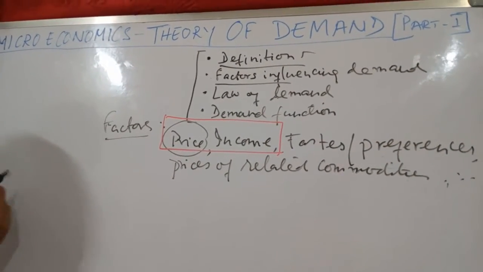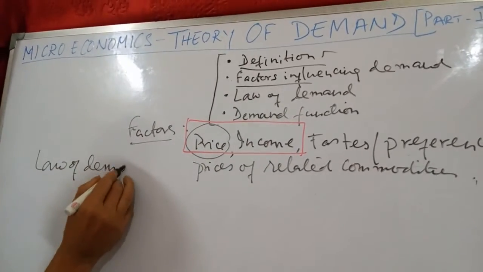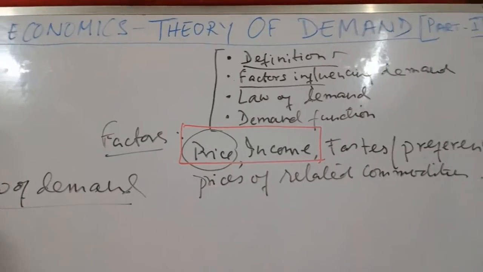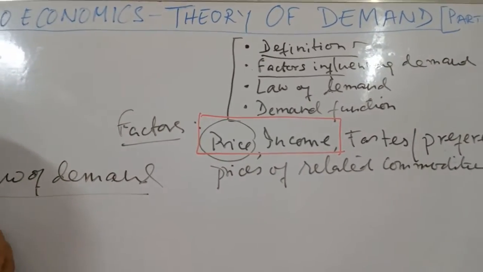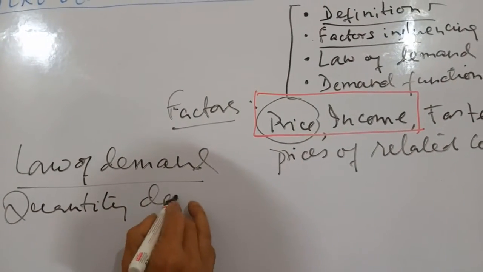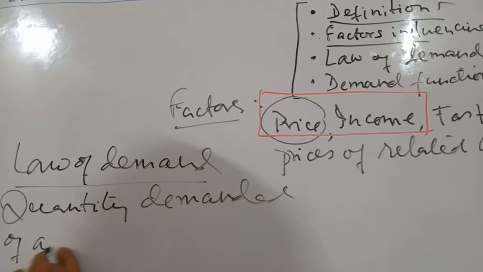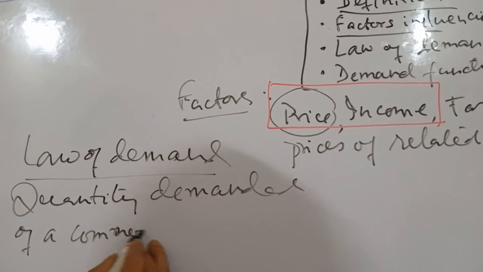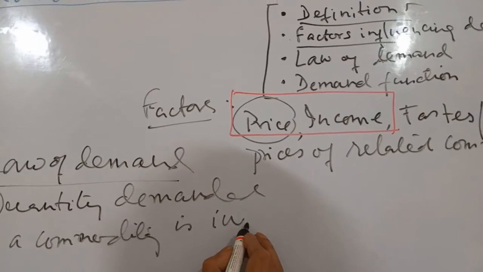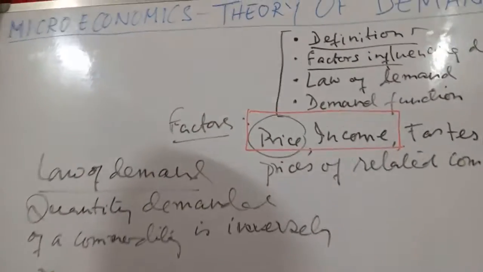The law of demand states that quantity demanded of a commodity is inversely related to price.